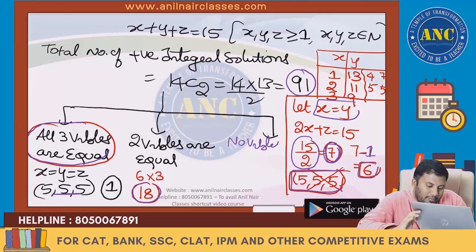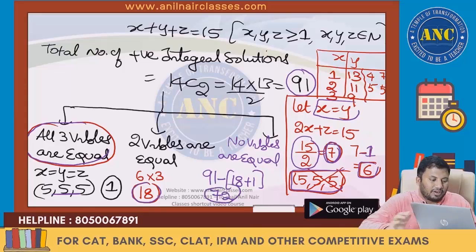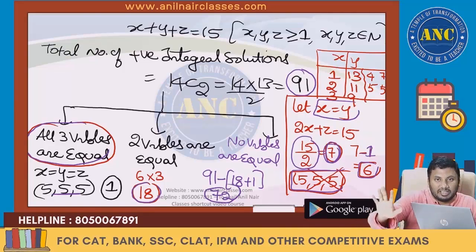If no variables are equal, how much will it be? 91 minus (18 plus 1), that is 91 minus 19, which is 72. Listen carefully, sir. So there are 72 cases where no variables are equal.